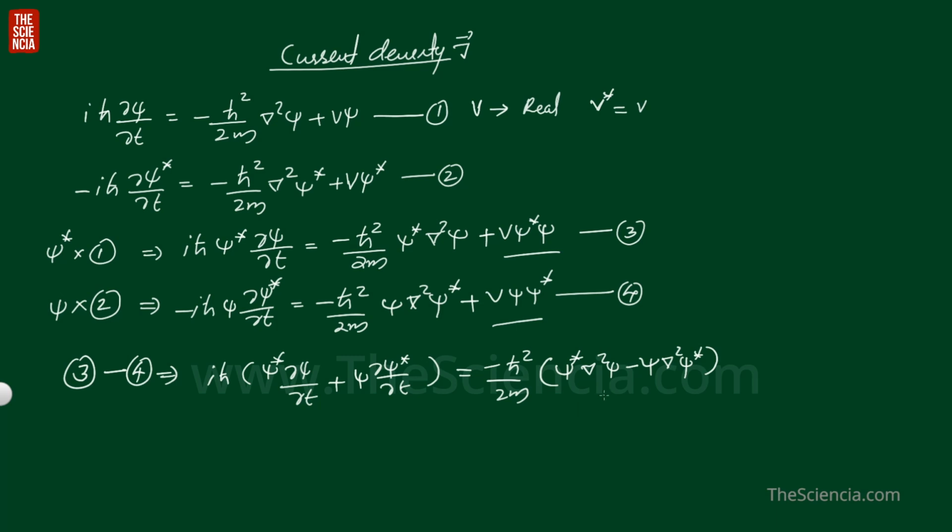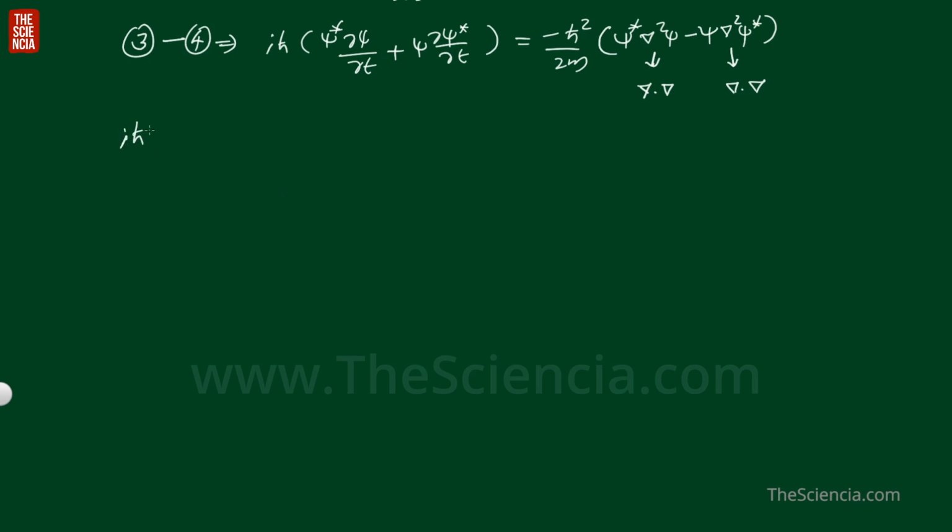Here I am going to do some mathematical manipulation. Here del square is nothing but del dot del operator. So I can rewrite this equation as follows, that is iħ psi star ∂psi/∂t plus psi ∂psi star/∂t is equal to minus ħ² by 2m into, I am taking one of the del terms outside, del dot psi star del psi minus psi del psi star.